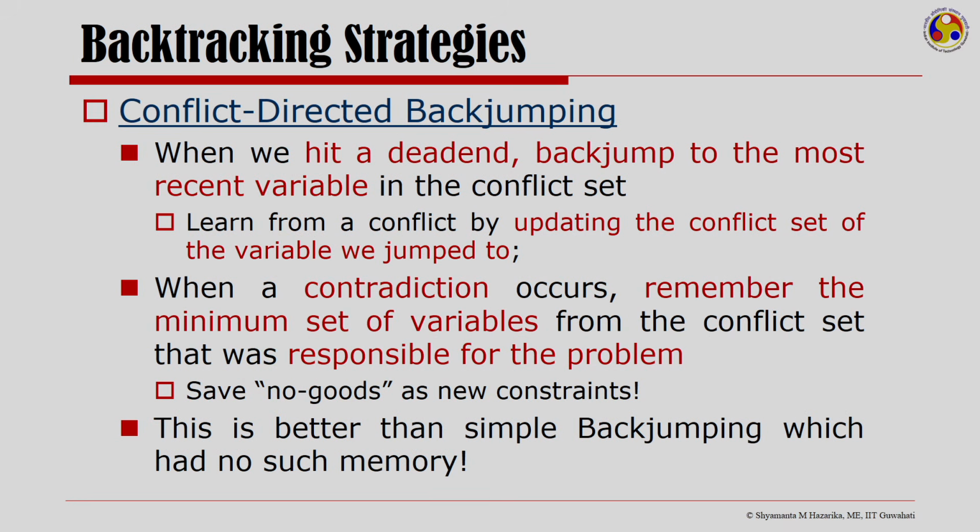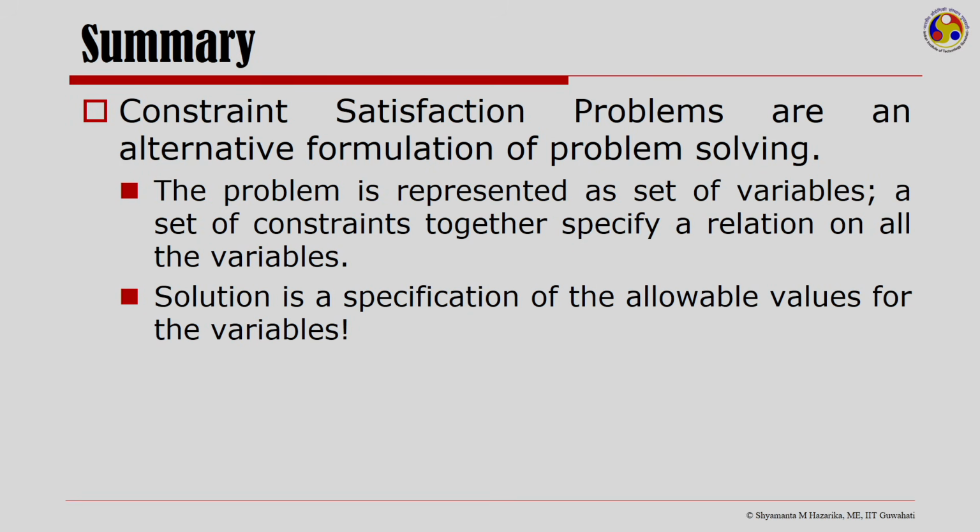So to conclude, we had looked at constraint satisfaction problems, which are an alternate formulation of problem solving. Each problem is represented as a set of variables and a set of constraints, which together specify a relation on all the variables.